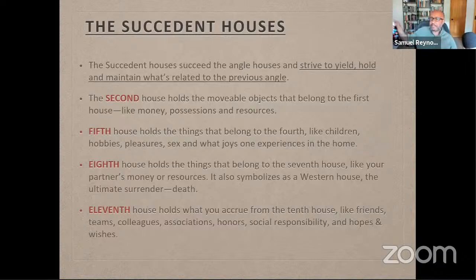5th house holds the things that belong to the 4th, like things that relate to the children, more that is where you kind of have the deeper sense of self in terms of the 4th house. So your hobbies, your pleasures. 5th house classically is the house of sex, of where you experience that sense of pleasure, what joys one experiences in the home. 8th house holds the things that belong to the 7th house, like your partner's money or resources.